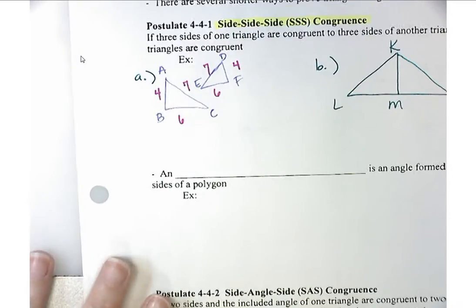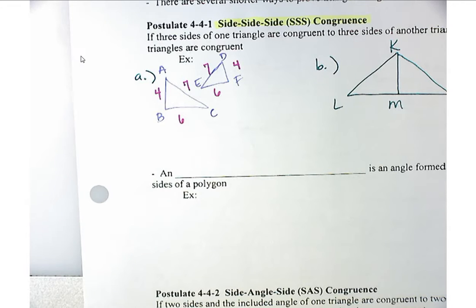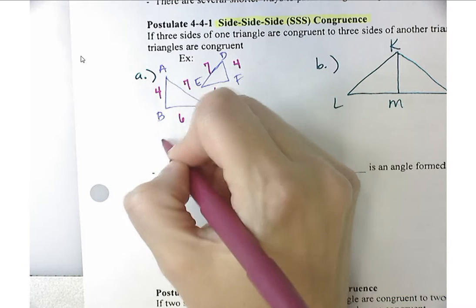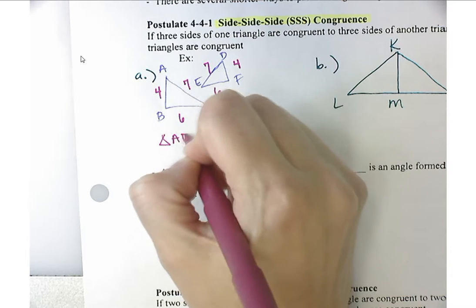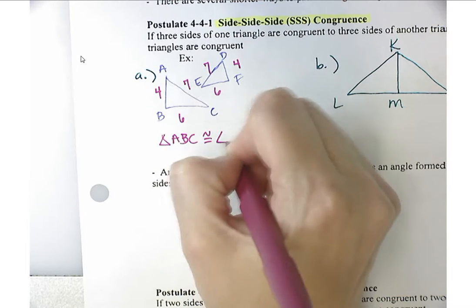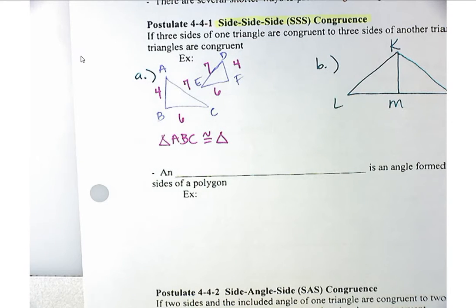What I want you to do is I want you to finish the congruent statement. So congruent statement, that's a vocab word that we learned last week. I'm going to give you triangle ABC, and then I want you to write what triangle it's congruent to. So remember that your order matters.